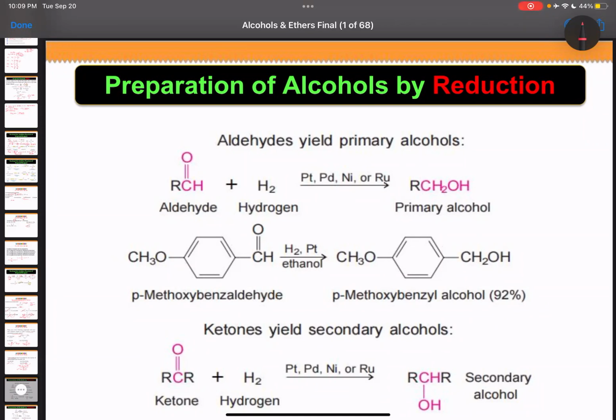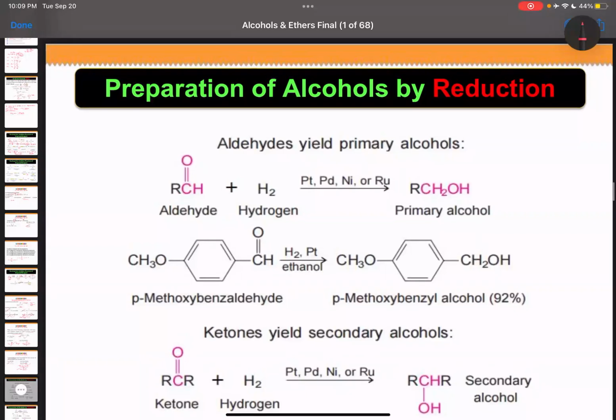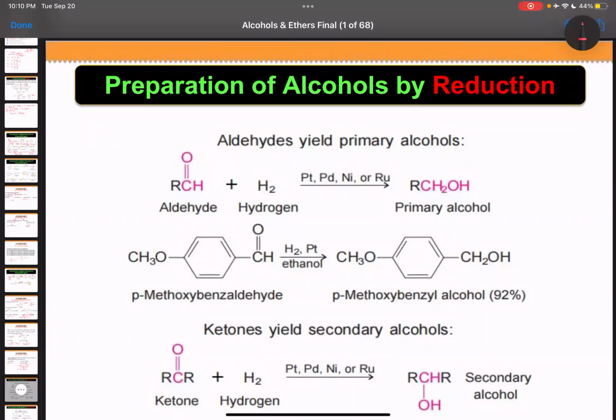So we will take aldehydes, ketones, carboxylic acid, and the catalyst is like nickel, palladium, platinum, and we will hydrogenate those carbonyl compounds with hydrogen over those metal catalysts. Yeah, exactly. Nickel, platinum, palladium, you take, and from that you get them.